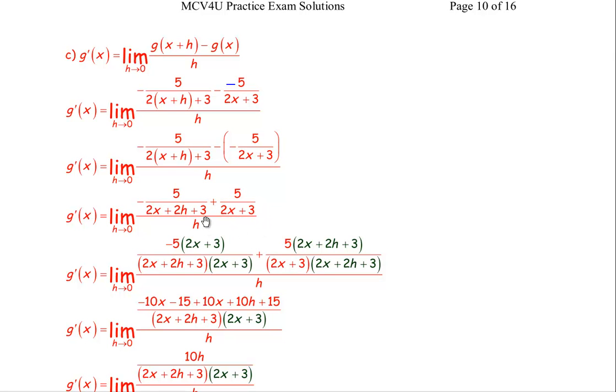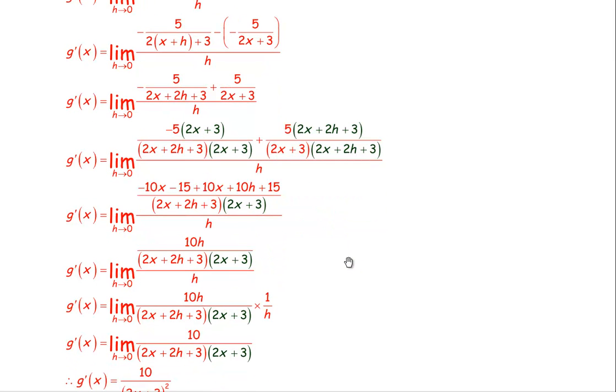And in order to add these, I need a common denominator. So these two denominators actually have no factors in common. So the common denominator is actually just the product of the two. So I'll end up multiplying this one by 2x plus 3 top and bottom, and this one by 2x plus 2h plus 3, top and bottom, which is what I've done over here. So negative 5 multiplied in here would be negative 10x minus 15.